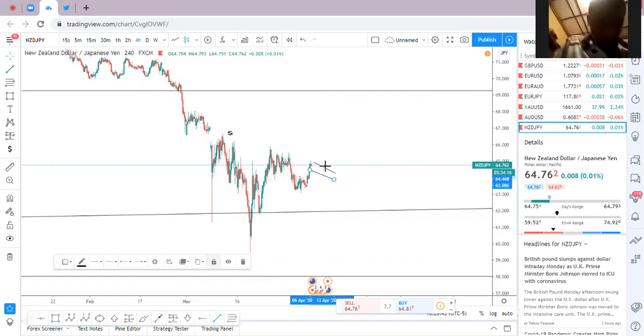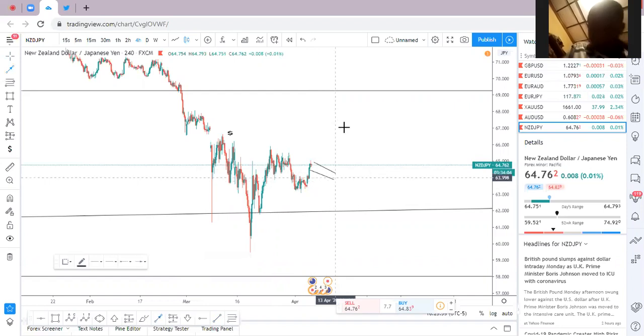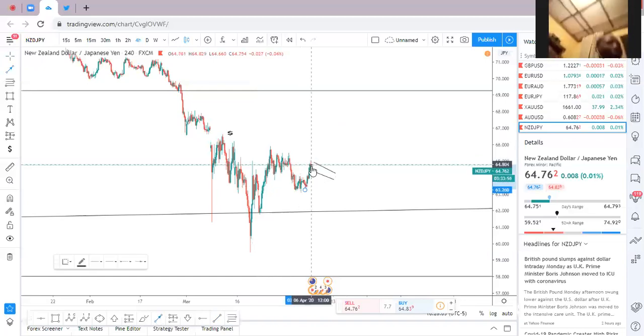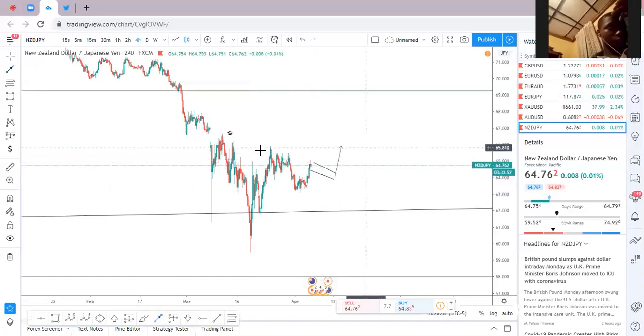This is what we'll be getting here, because we have a descending channel, a bullish flag like this. Then we have the continuation in form of this.